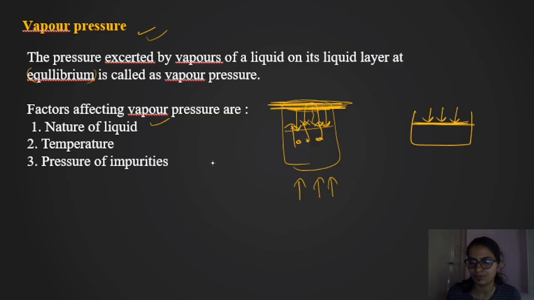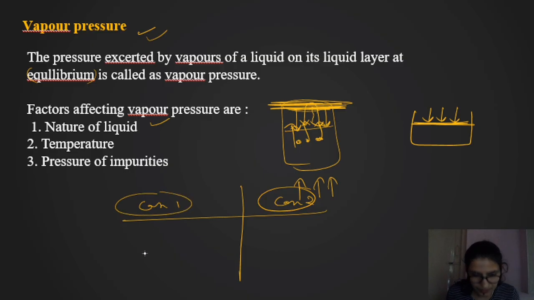So what are the factors which affect it? Nature of liquid. Consider a liquid or a solution. We know that all solutions are made up of components, right? Either it can be solute and solvent. We have already discussed this, right? If the components have a strong force of attraction, we'll take two cases here, case 1 and case 2.